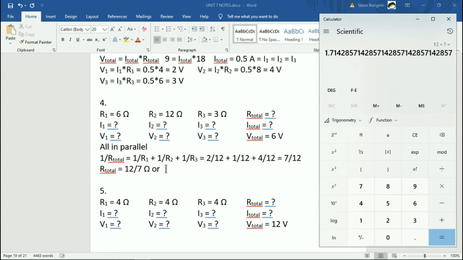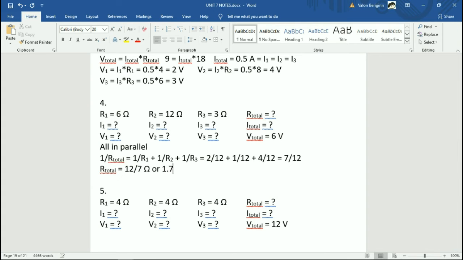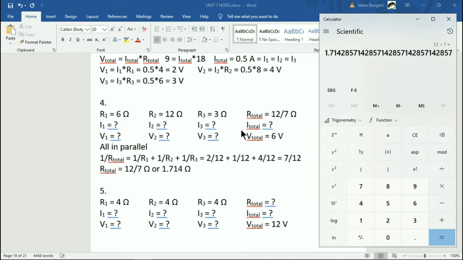I'll do both, 1.714. Again, I'm going to write it as fractions, but you can transpose if you don't want to. Let me make 100% sure I did that right. So 1 over 6 plus 1 over 12 plus 1 over 3, and then invert it. Yeah, that's right.